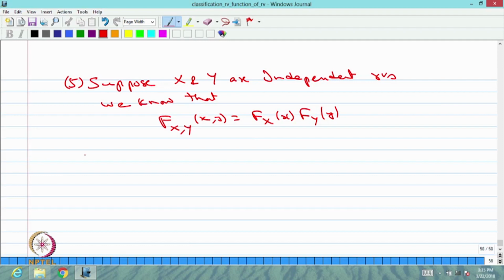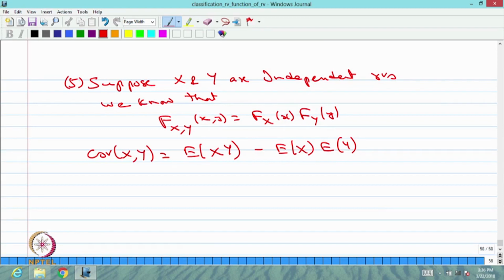So here we are computing the covariance of x comma y, which is the same as expectation of x into y minus expectation of x into expectation of y.